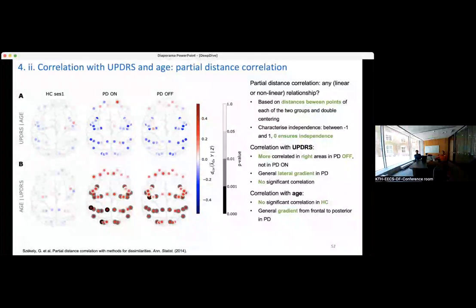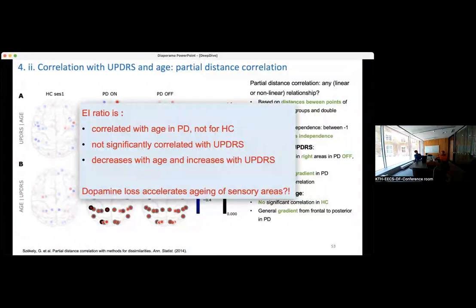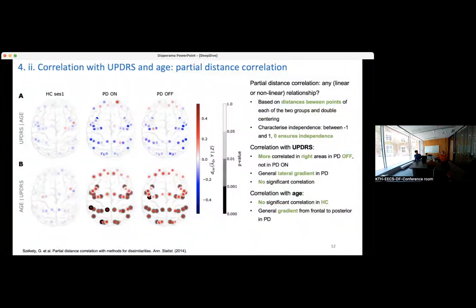But if you look at the correlation with age, there we see quite a significant correlation. Maybe meaning that Parkinson's is kind of accelerating aging, because this correlation is significant in this sensory area. And we don't see any correlation in healthy people.